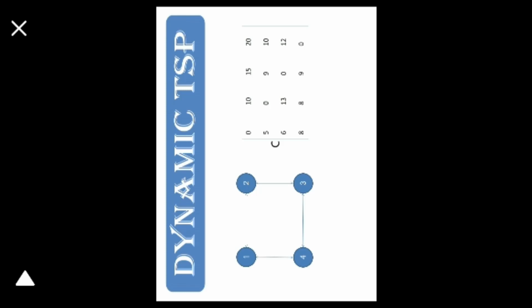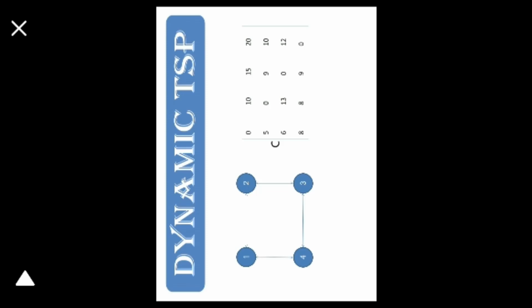4 to 4 is 0. Now the distance from city 1 to city 2 is given here as 10, city 1 to city 3 is 15, city 1 to city 4 is 20. Like this, city 2 to 1 is 5, city 2 to 3 is 9, city 2 to 4 is 10.